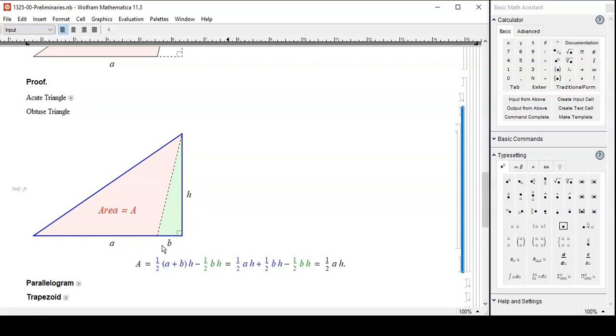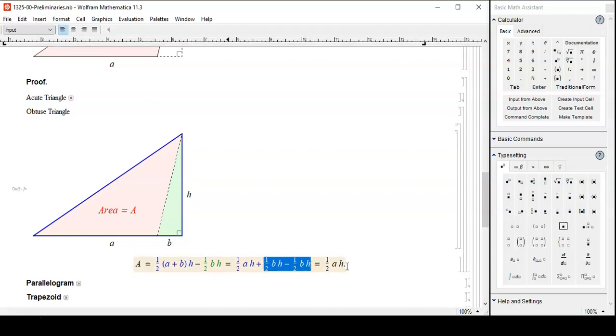And this is an acute triangle, so it works. And then subtract away this green B. And then what do you get? Well, algebraically manipulate, break up this parenthesis, and 1/2 BH and 1/2 BH cancel each other out. And then you end up with 1/2 AH like that.